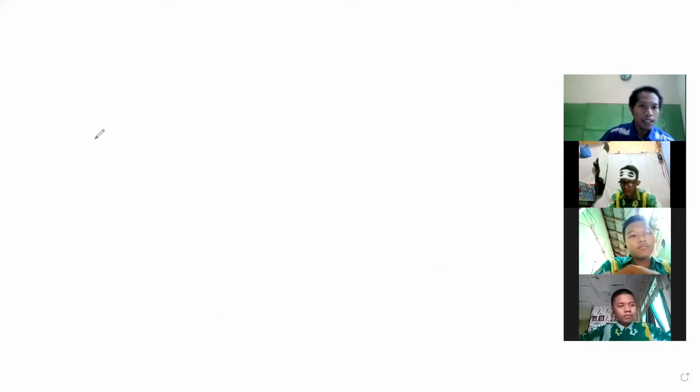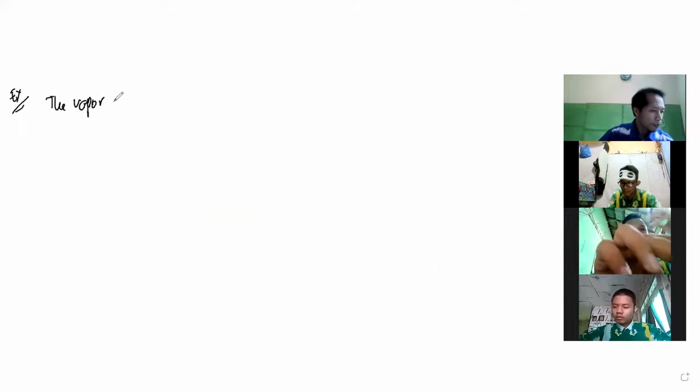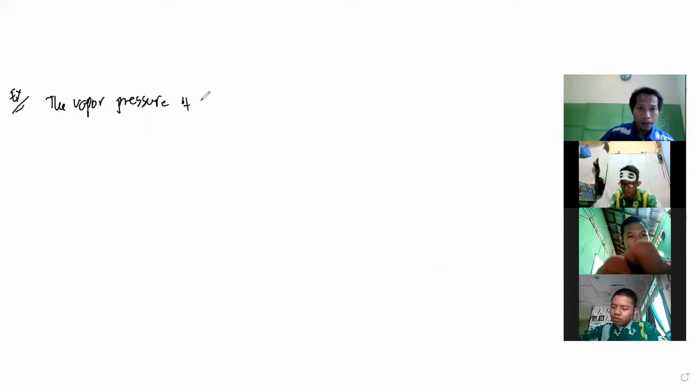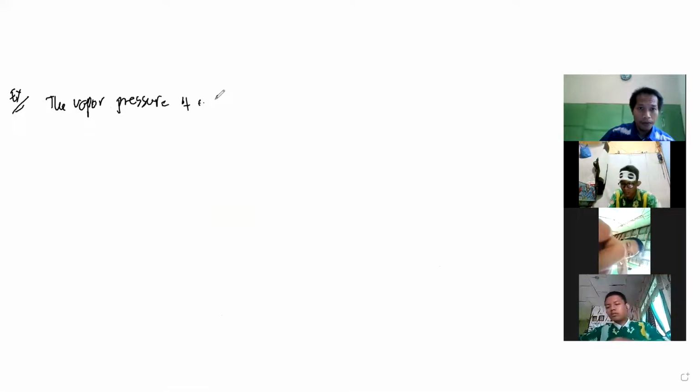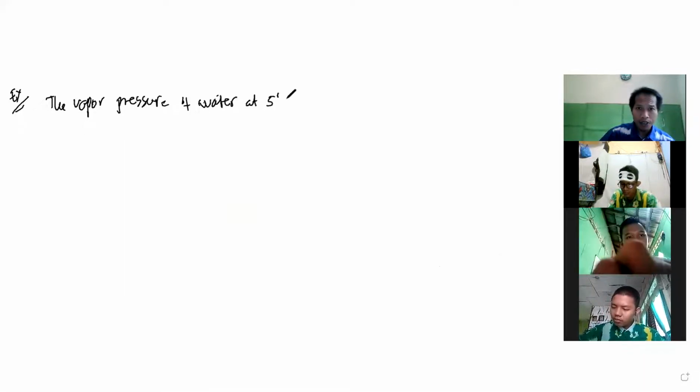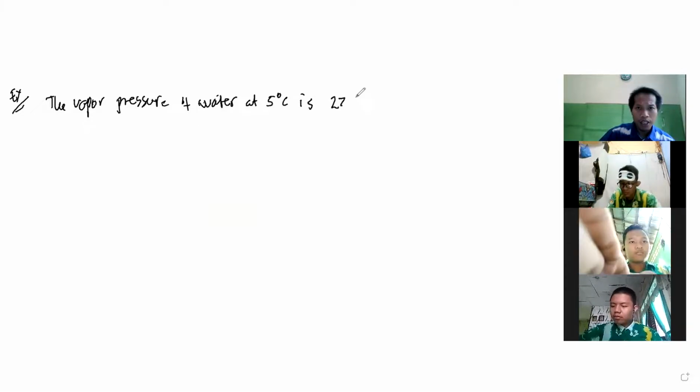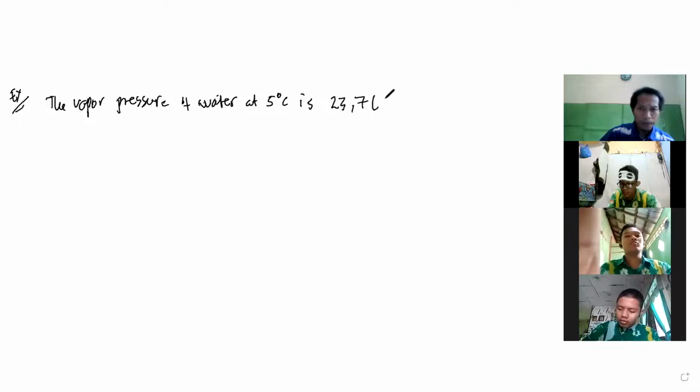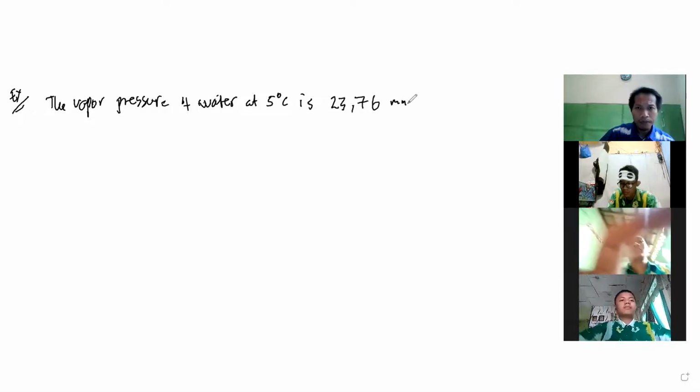All right, now another example. The vapor pressure of water at 5 degrees Celsius is 23.76 millimeter mercury.